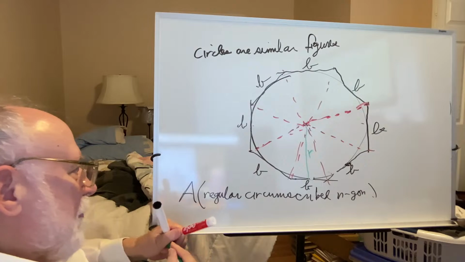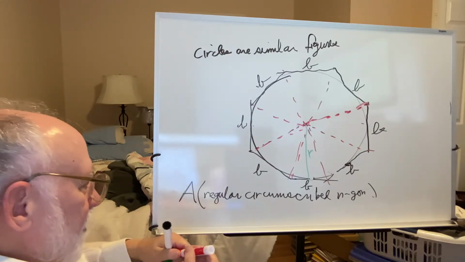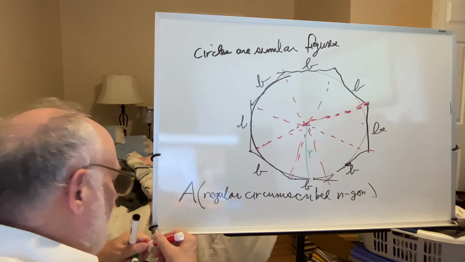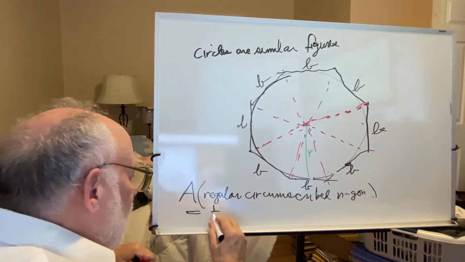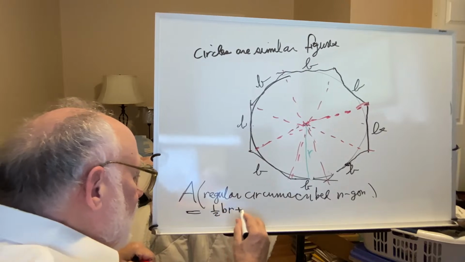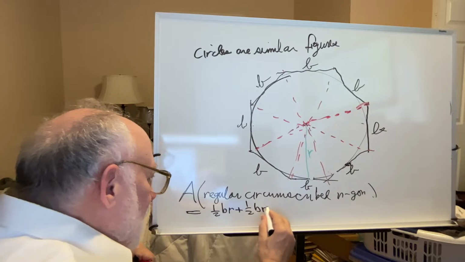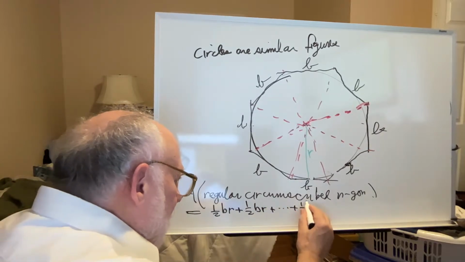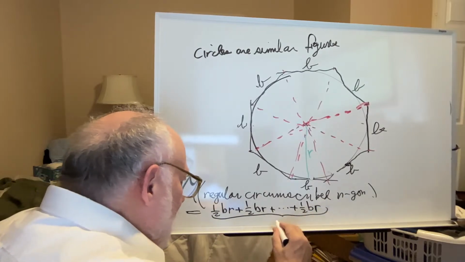So the formula here would be 1/2 base times height plus 1/2 base times height plus 1/2 base times height. That would be n times.